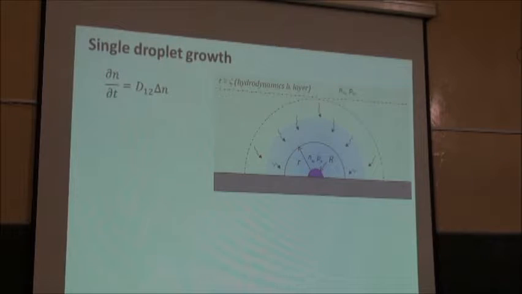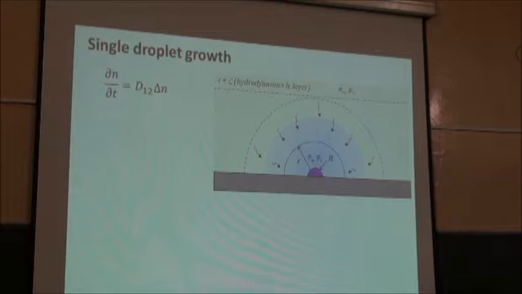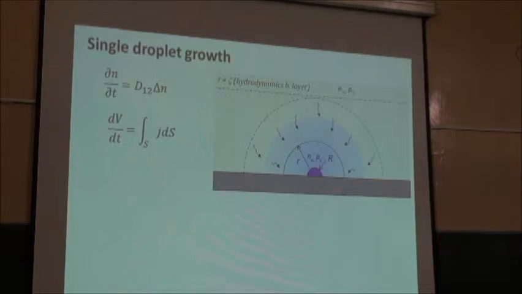So in order to determine the concentration profile, you have to solve the equation. The evolution of the concentration is due to the fact that molecules appear by diffusion in the gradient. And the volume evolution of the drops is simply the integral of the flux of the water molecules diffusing towards the drop at the surface of the drops.